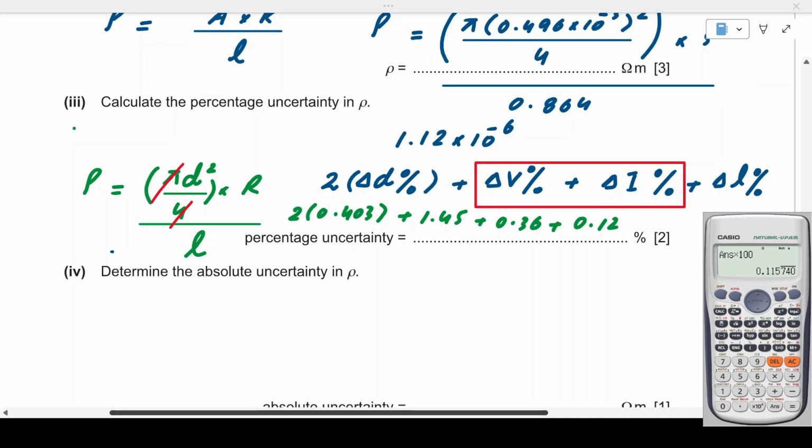So what do we get? Now resistance is the final percentage we are getting. So the percentage uncertainty you can either write in 1SF or 2SF. I'll write in 2SF, 2.7%.